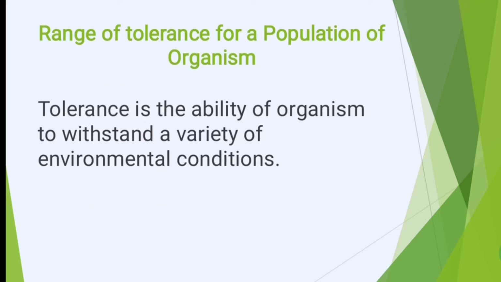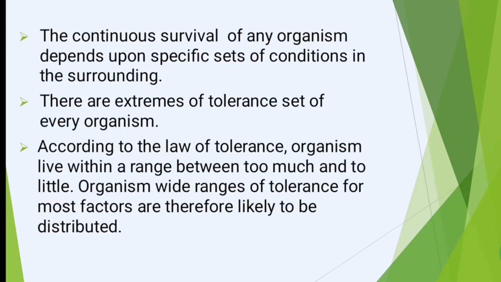Biotic factors are the living parts of an environment such as plants, animals, and microorganisms. Range of tolerance for a population of organisms. Tolerance is the ability of organisms to withstand a variety of environmental conditions. The continuous survival of any organism depends upon a specific set of conditions in the surroundings. There are extremes of tolerance for every organism. According to the law of tolerance, organisms live within a range between too much and too little.